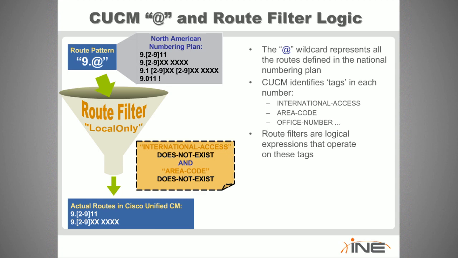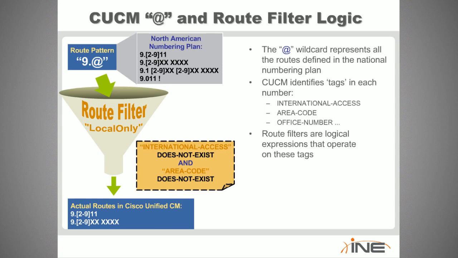But note that it would not include a local number that I described but is not on the screen, such as 9 dot 2 through 9XX, 2 through 9XX, XXXX. That's a local number because after the 9 dot there was not a 1, long distance or national access code. But this route filter would eliminate that from being a possible dialable number matching that pattern.